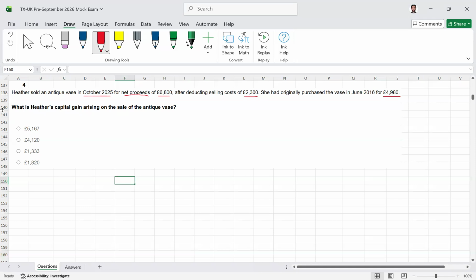The first one is the normal calculation for capital gains: the proceeds less the selling cost, which gives the net proceeds, and then we deduct the cost, and we have the capital gain.